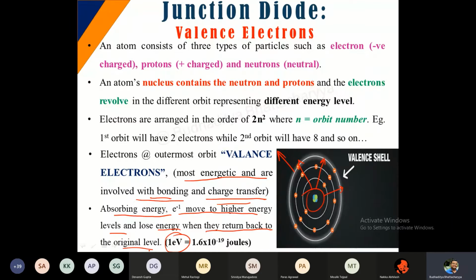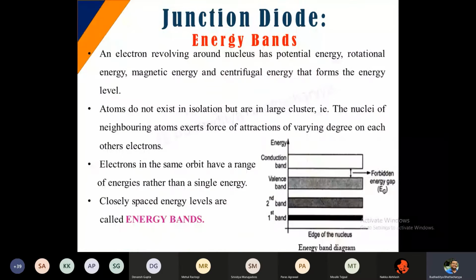But given favorable circumstances, this valence electron can move to the conduction band, and as the term indicates, we can use that conduction band for conducting electricity. Since the electron is going to the conduction band, it will conduct electricity. So valence electron is done.